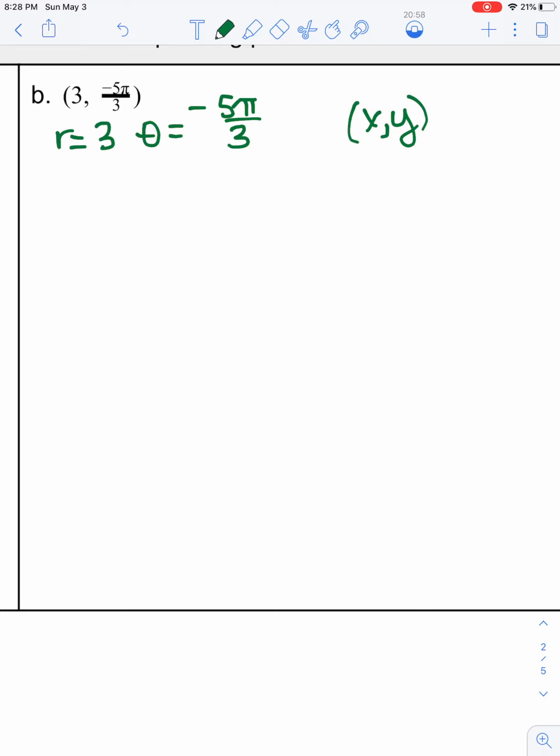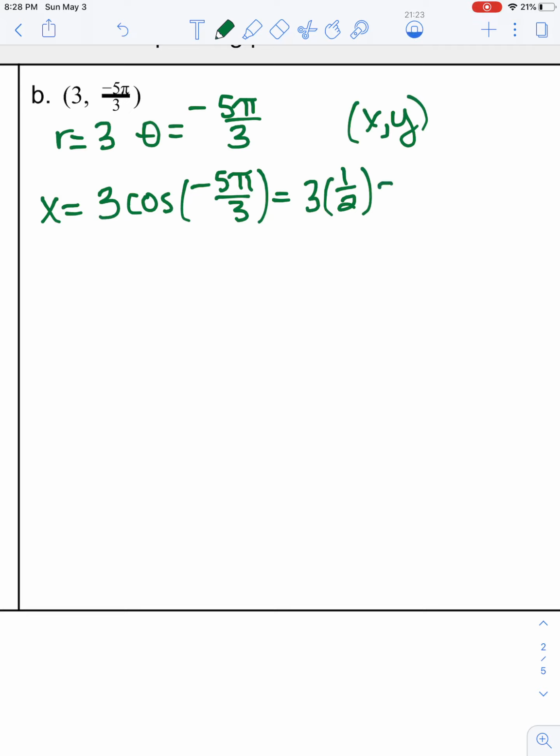And we're going to utilize those same equations that says x is equal to our radius, which is 3, times cosine of -5 pi over 3. We know from our work with the unit circle that the cosine of -5 pi over 3 is 1/2. So we can say that x is then equal to 3 times 1/2, which we can just call 3/2.